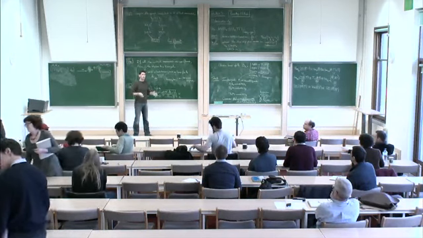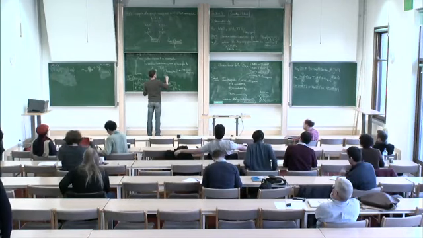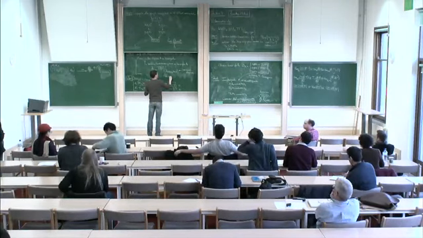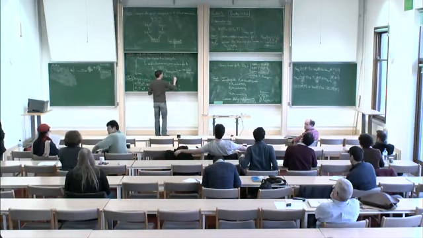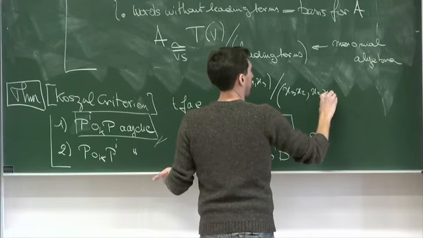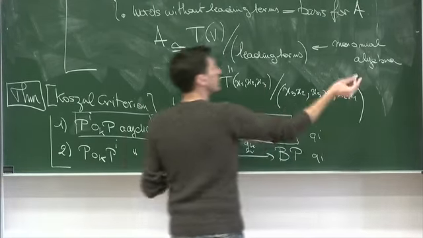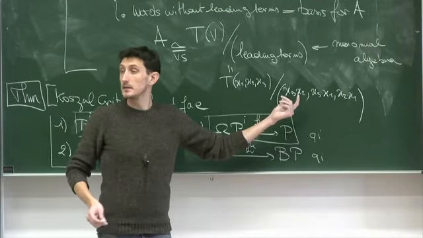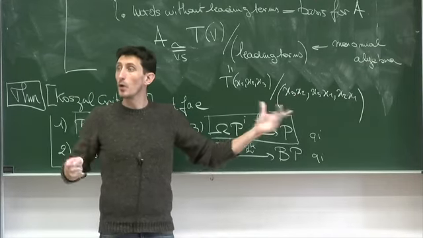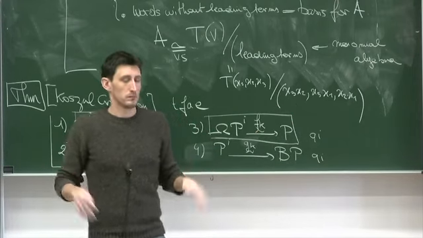I killed by brute force. It's just as a vector space. You kill all the monomials which contain at least one of such leading terms. Why? Because you can rewrite them.